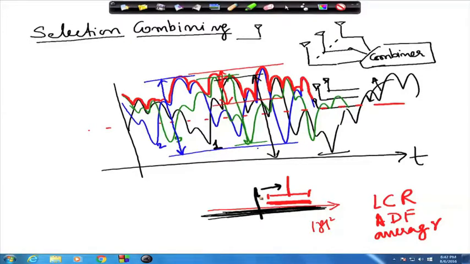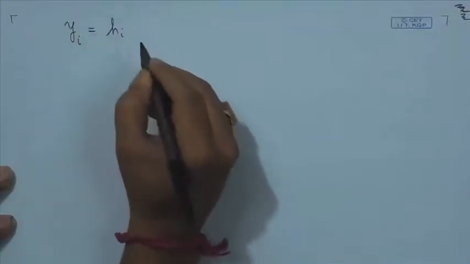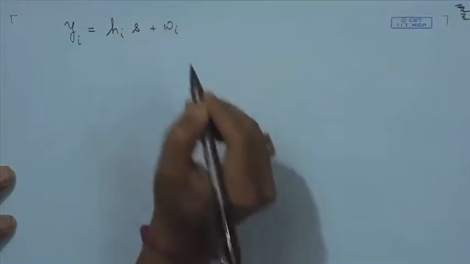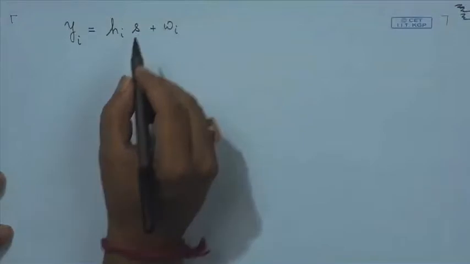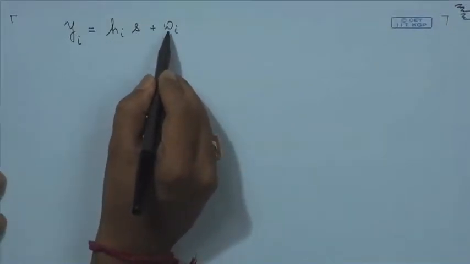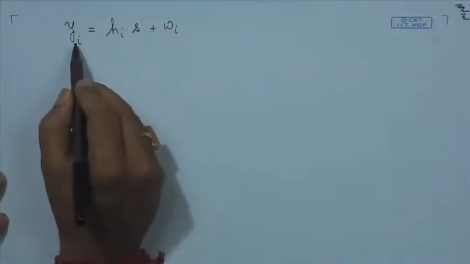So, here we will start writing our expression. Let us say that y_i, the received signal, is h_i times s plus w_i. s is the transmitted signal, h is the channel coefficient, and w is additive white Gaussian noise, y_i is the received signal.